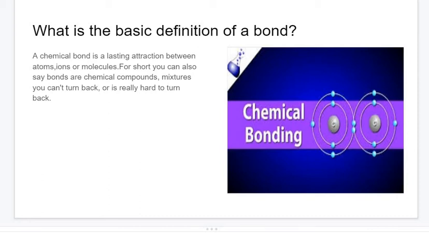Remember, compounds and mixtures are different. Imagine a compound as water, which has hydrogen and oxygen in it. And for a mixture, think about a salad. You make a salad, but then you can turn it back easily. You can just separate the lettuce, tomatoes, and grapes from it. So yeah, that's basically what a bond is.